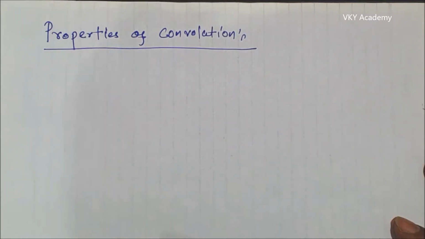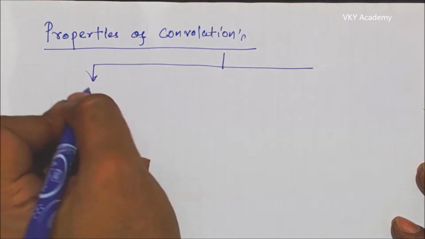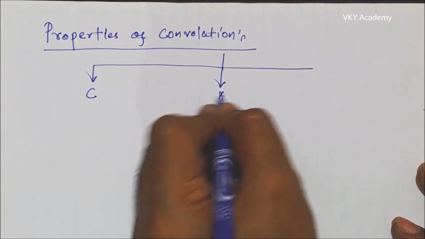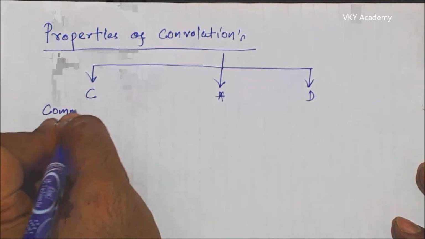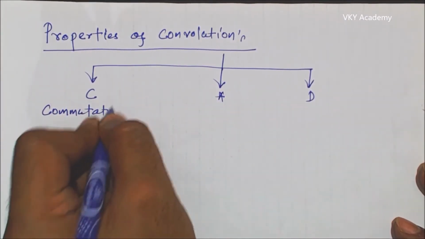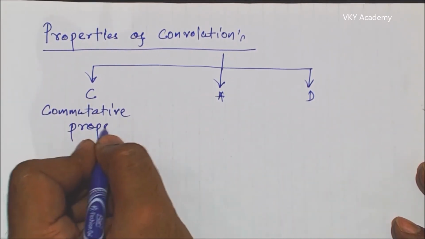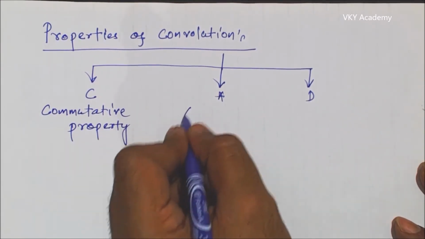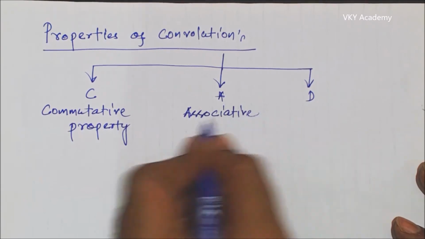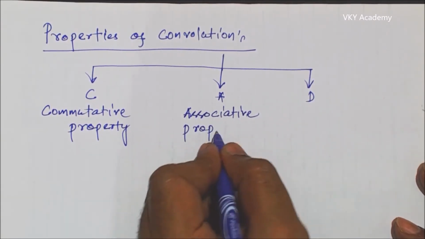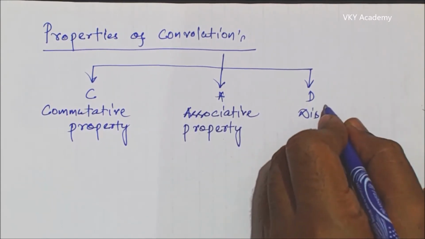Let us discuss a few properties of convolution. Convolution has three properties. The first is the commutative property, the second is the associative property, and the last one is the distributive property.